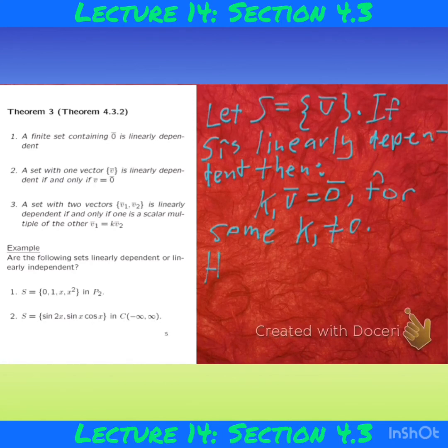Now we did a theorem which said that if the scalar multiple of a vector is the zero vector, then either the scalar is zero or the vector itself is zero. So hence v is the zero vector.